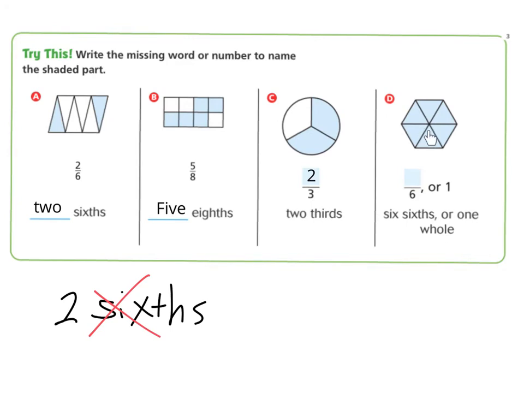Ooh, I notice in the picture that there are 6 equal parts and all 6 are shaded. So, I have 6 parts shaded out of all 6 parts. Or I have the whole shape shaded.